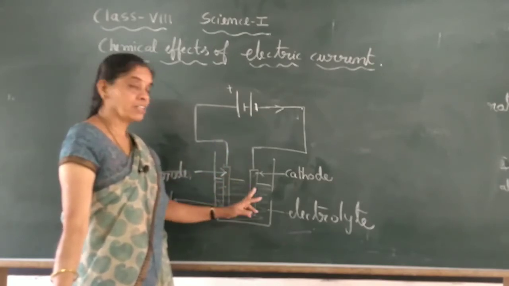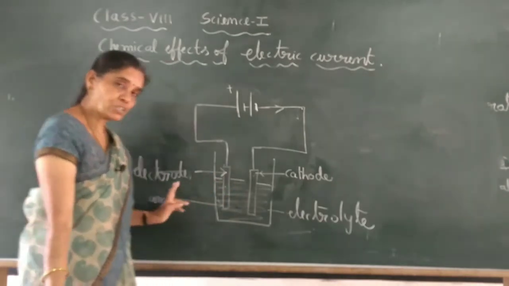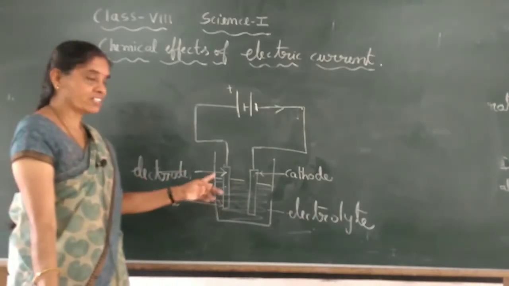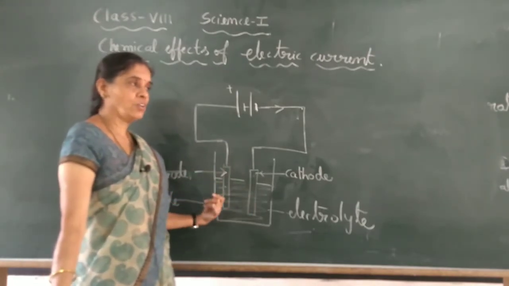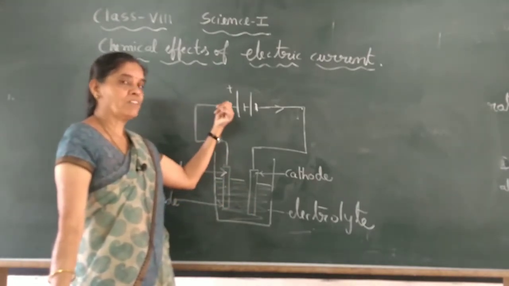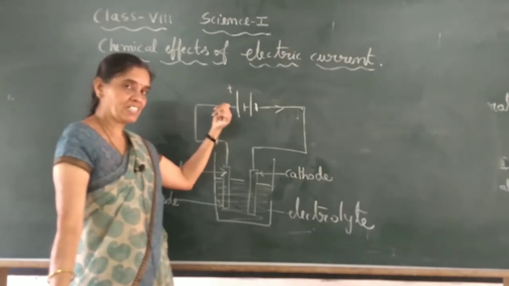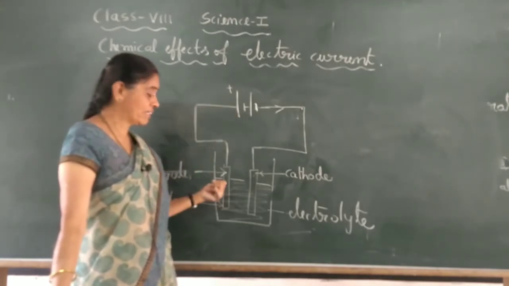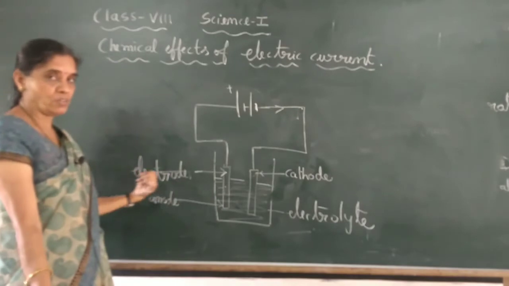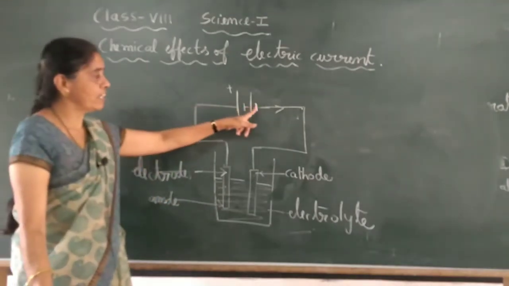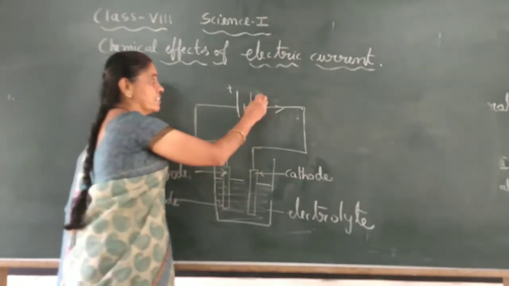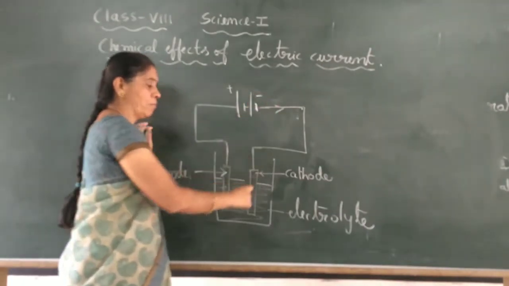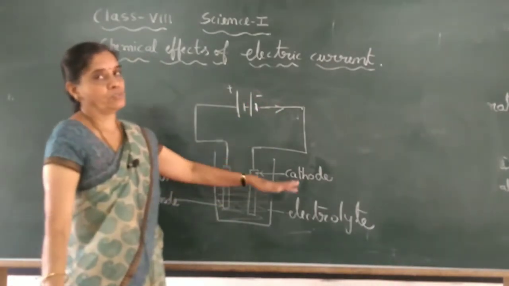The two metal plates are called electrodes, with the names anode and cathode. The positive terminal of the battery cell connected to a metal plate makes it the anode, and the negative terminal, minus, connected to the metal plate makes it the cathode.